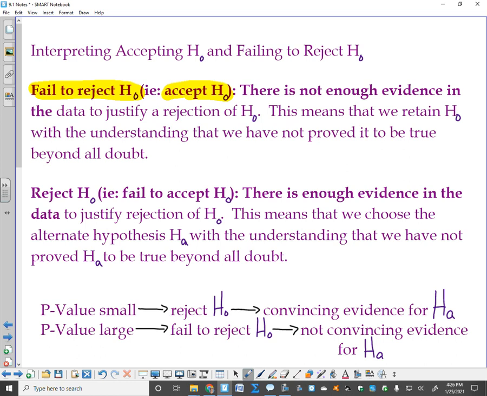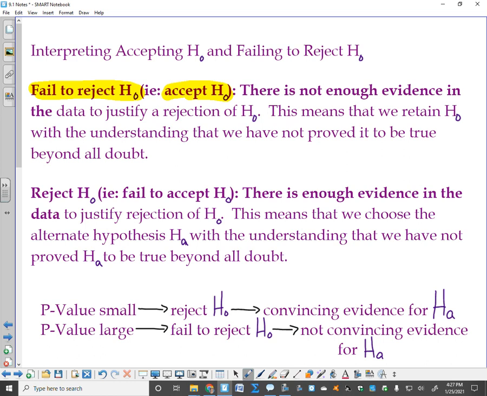They didn't present me with enough information. They kind of put her at the scene, like she kind of had a motive, but I didn't have enough evidence to reject that she's innocent and to go with the fact that she was guilty. So we're not going to say accept H sub O. We're going to say that we're going to fail to reject.